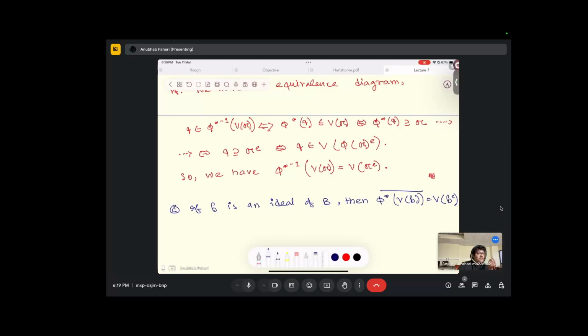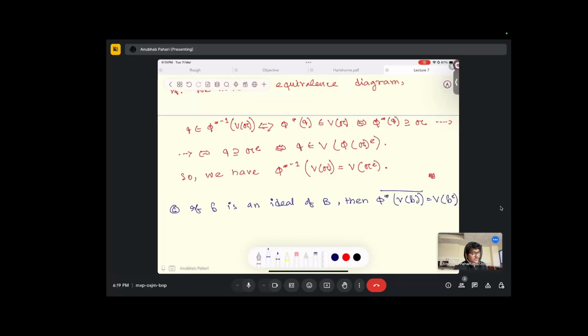So taking the closed set, I mean taking the V set of that radical ideal does not lose anything, but what it turns out is that the coordinate ring becomes reduced. That means it has no nilpotent element as such. So that is how we get this reduced subscheme or reduced image thing.